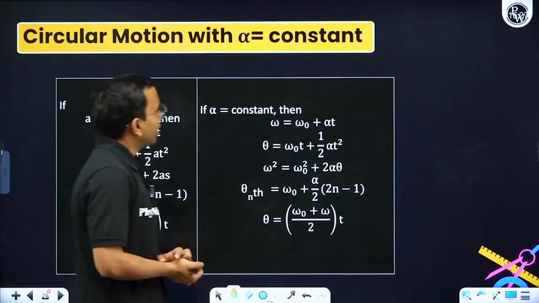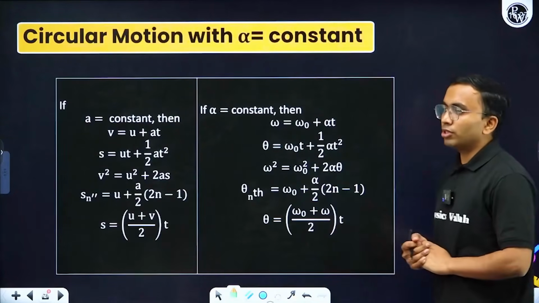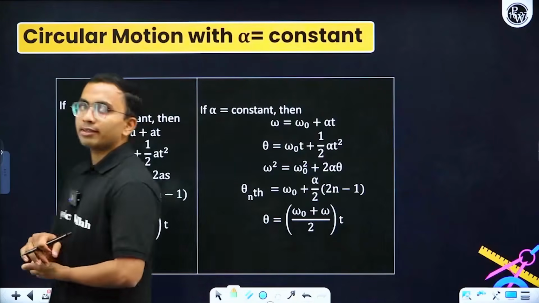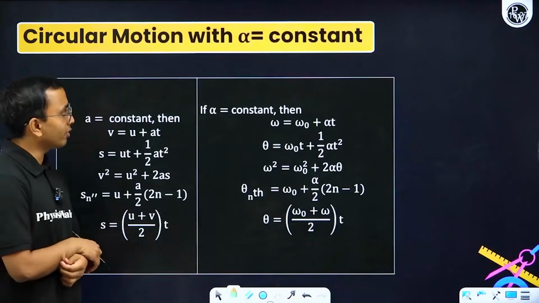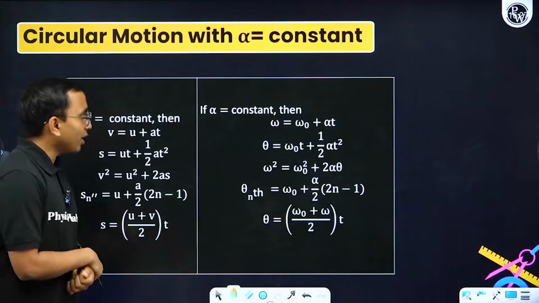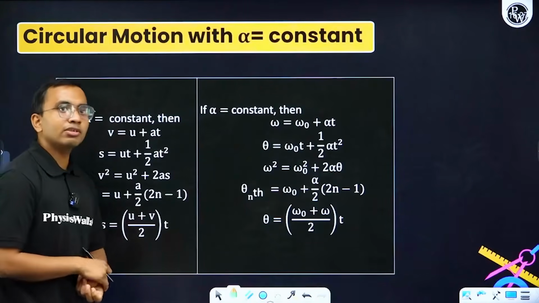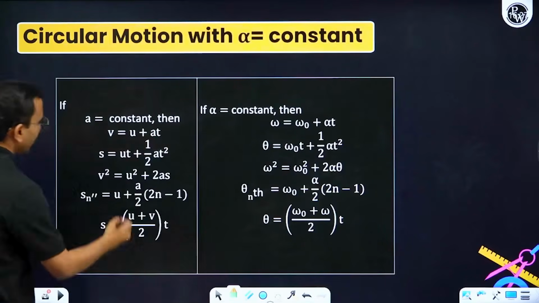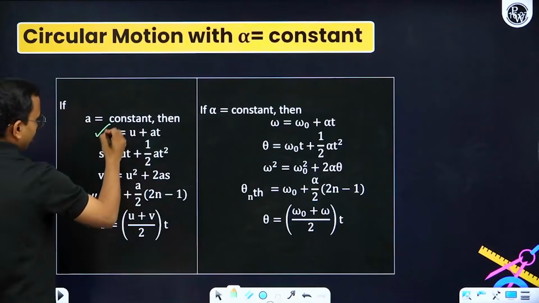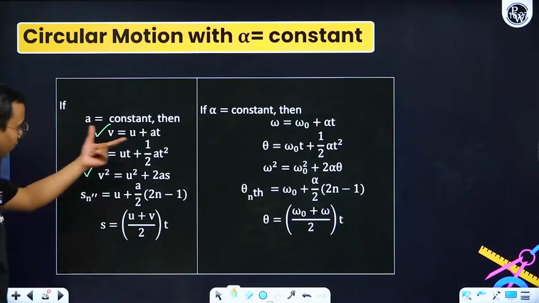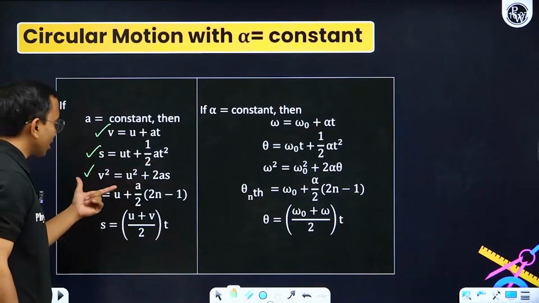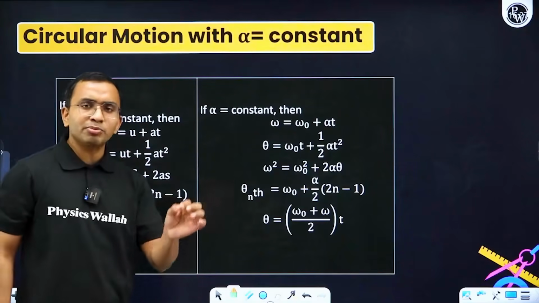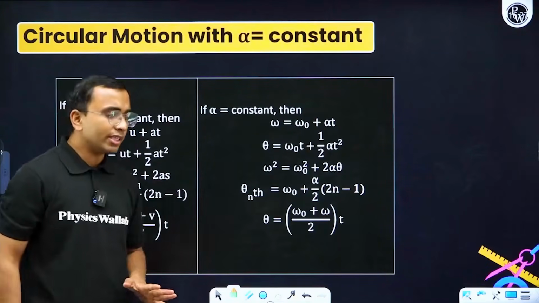Now, non-uniform circular motion is there, and the condition is alpha is equal to constant. If alpha is constant, in the same way as when acceleration was constant, we had three fundamental formulas: v is equal to u plus at, s is equal to ut plus half at square, v square minus u square is equal to 2as, relating the displacement, acceleration and the velocities.